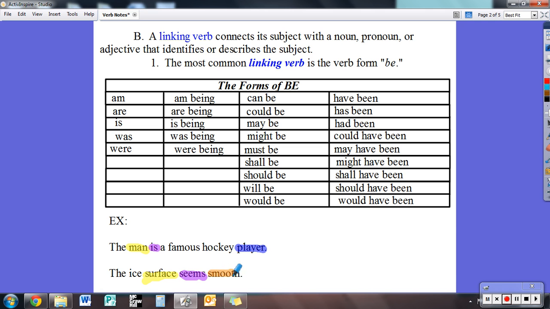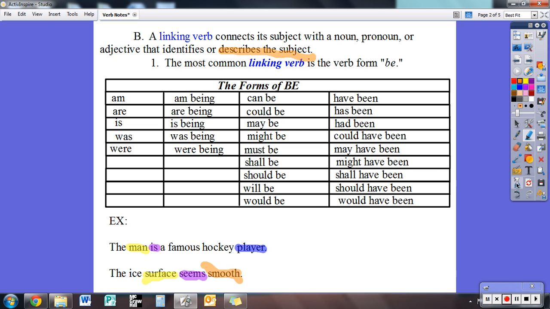So smooth this time is not a noun. Smooth is an adjective describing the surface. And that's okay because it's part of what the linking verb definition is up here. It describes the subject. So smooth is describing the surface. So seems is my linking verb.